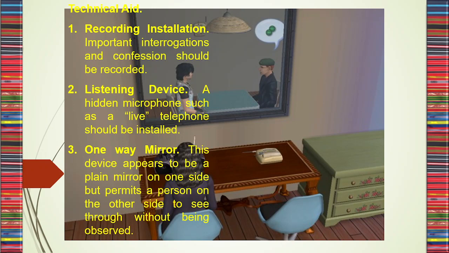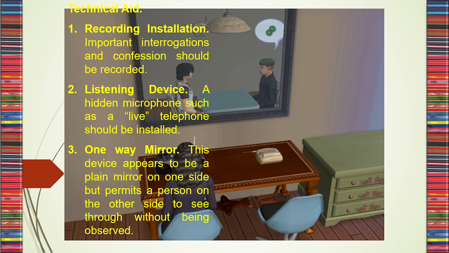So we have first the recording installation. Important interrogations and confessions should be recorded. So that is the importance of our recording, to record confessions. Second is a listening device.